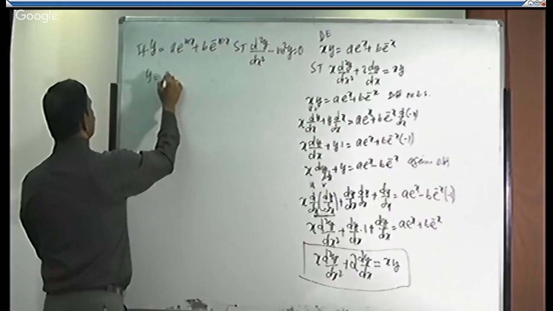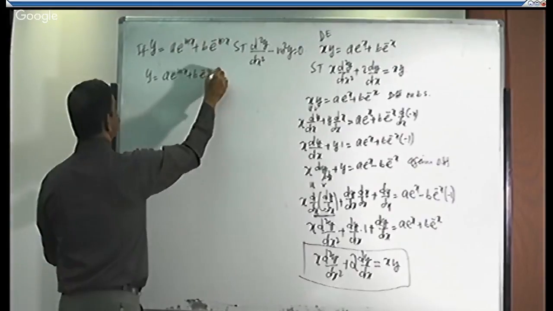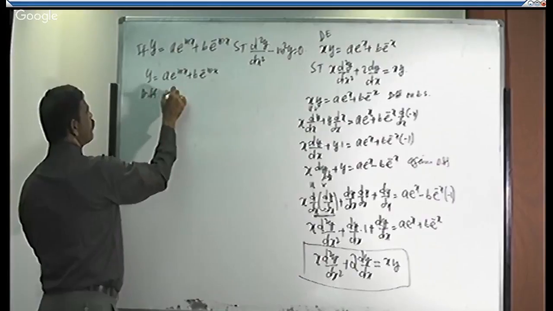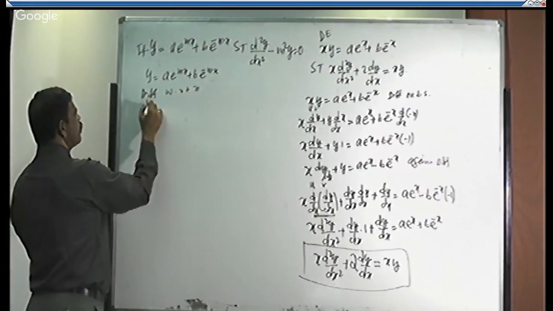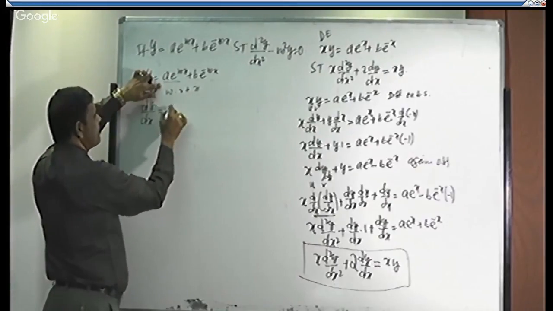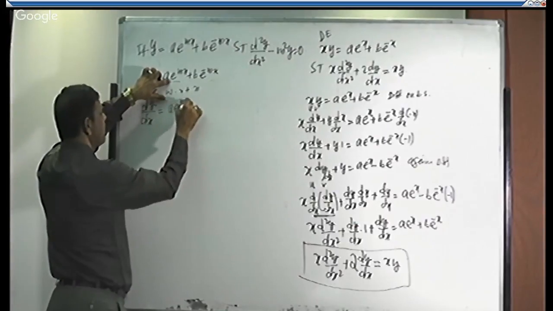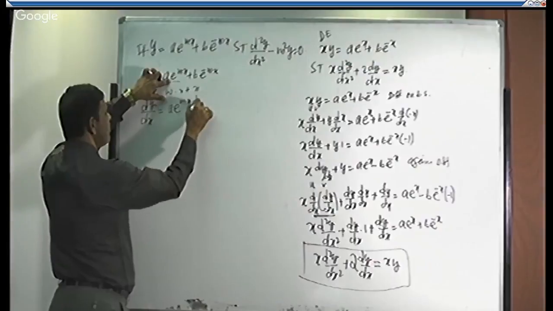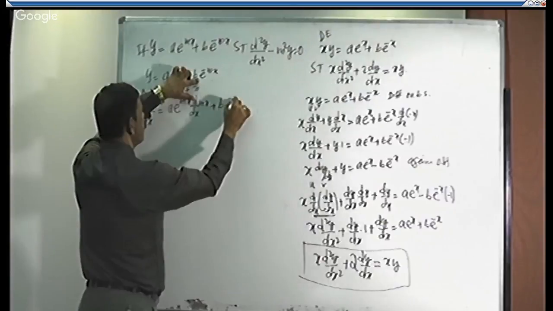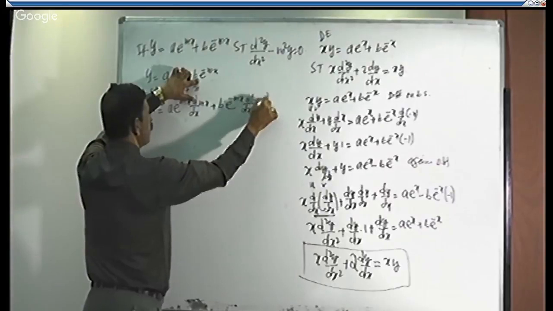Take y is equal to a e power mx plus b e power minus mx. Differentiate with respect to x. You will get dy by dx, right? Differentiation of first function: keep constant as it is, differentiation of function, it is e power mx into d by dx of mx, plus b into, for e power minus mx, it is e power minus mx into differentiation of minus mx.